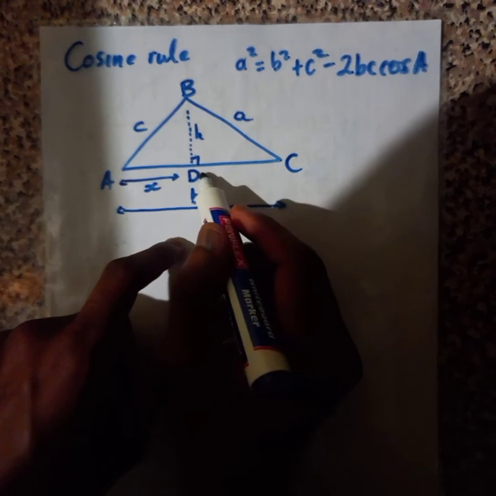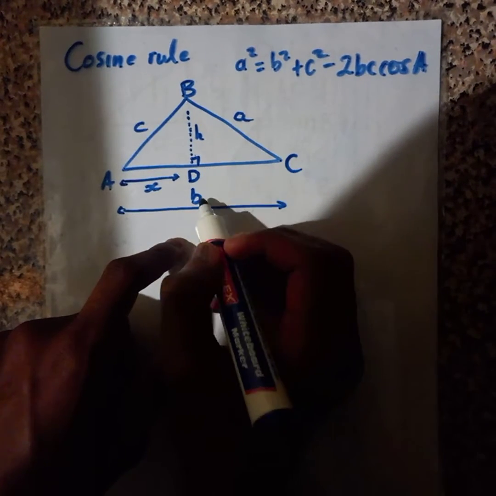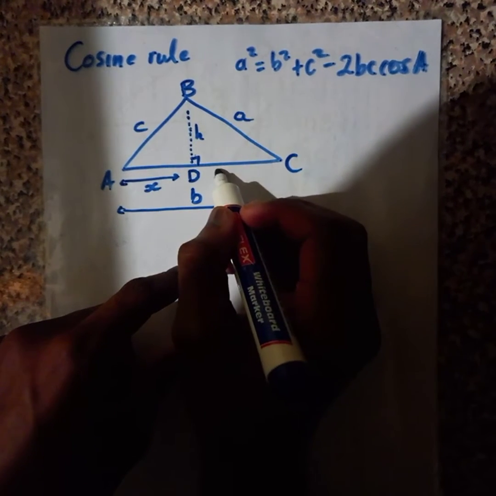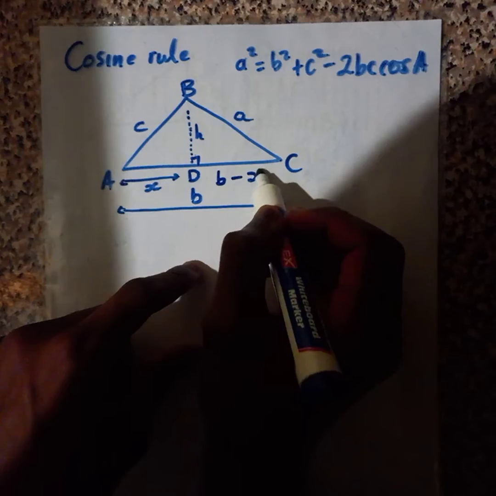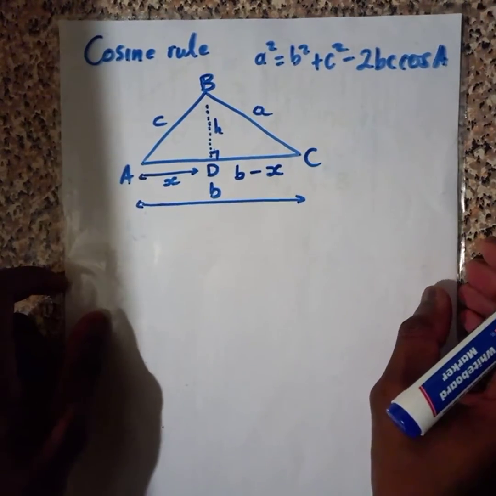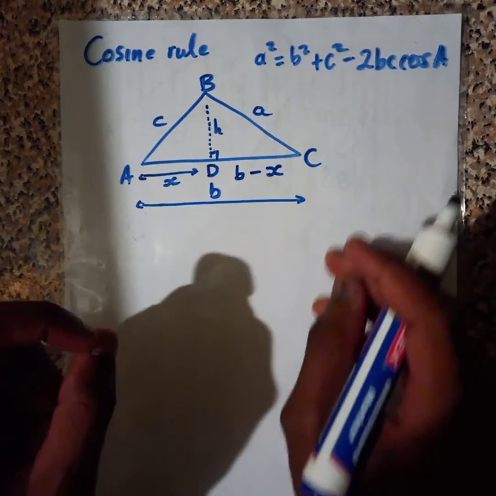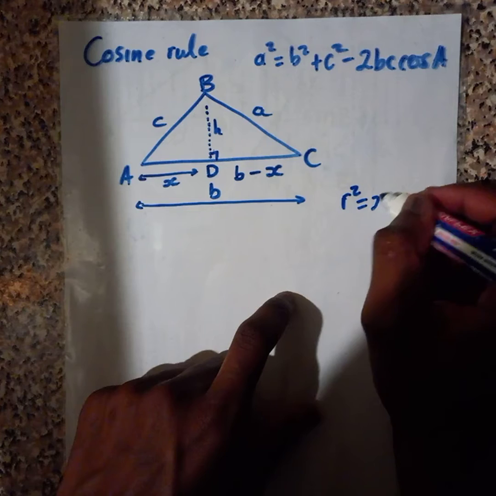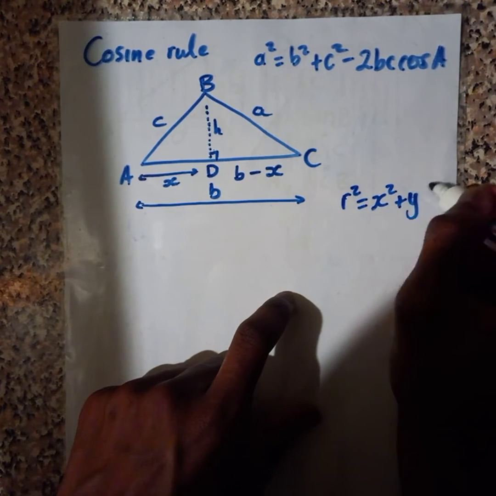But for us to get DC, it's going to be the longer side minus the small side, which is b minus x. You see, it's so simple. Now for us to prove this, we are going to use the theorem of Pythagoras. Do you still remember? Hypotenuse squared is the adjacent squared plus opposite squared.